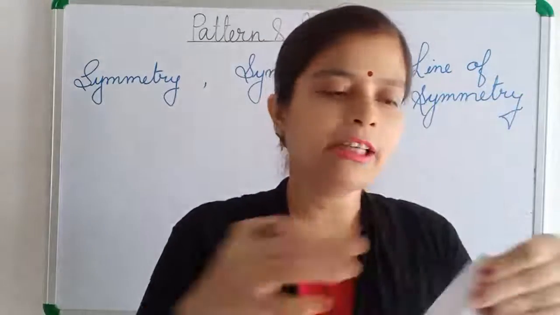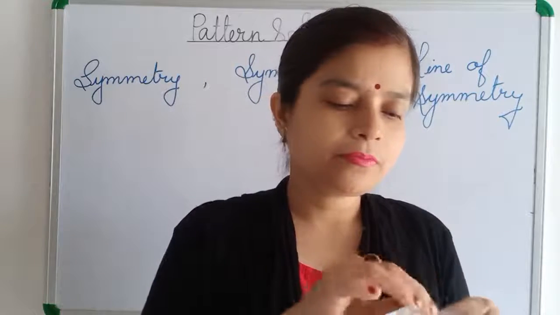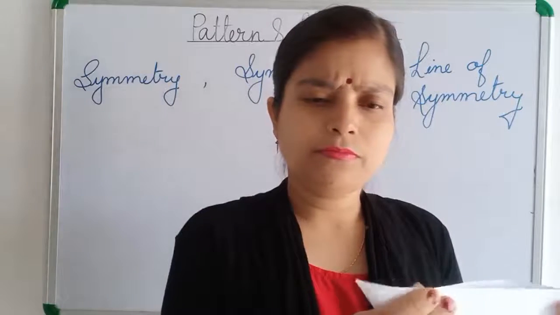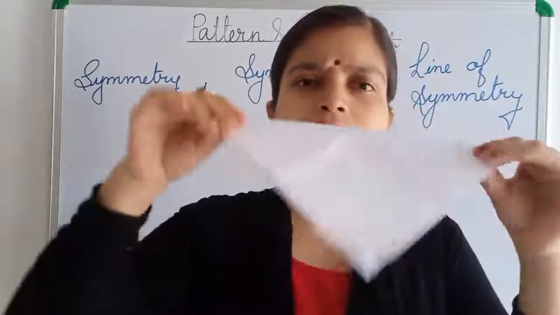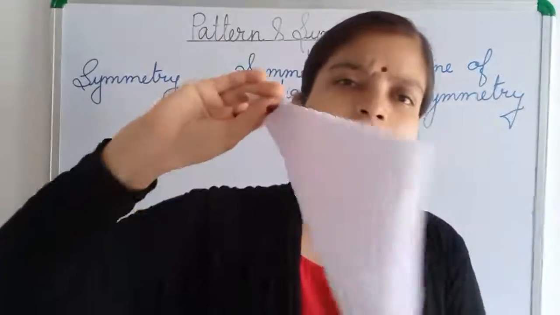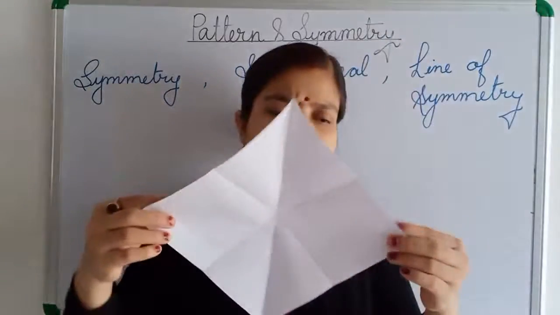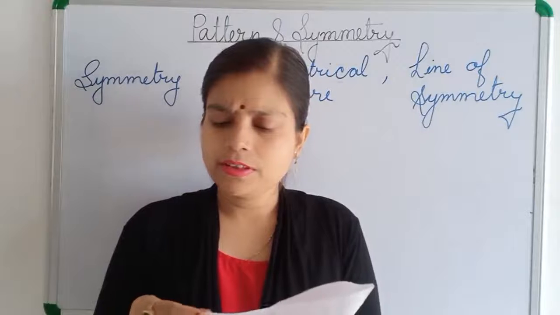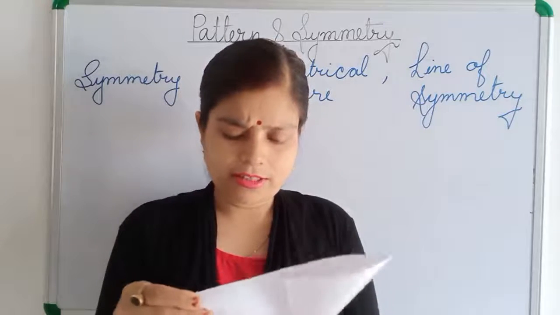Again, I am folding this paper diagonally. You can see that it is covering each other. Means we can divide it diagonally also into two equal halves. Now I am folding this paper from another diagonal.